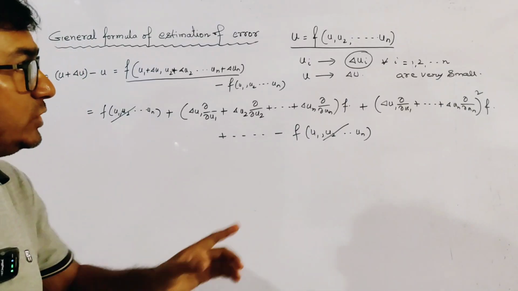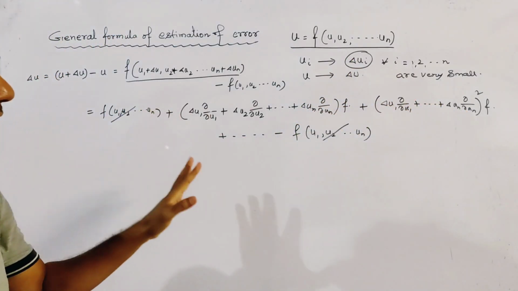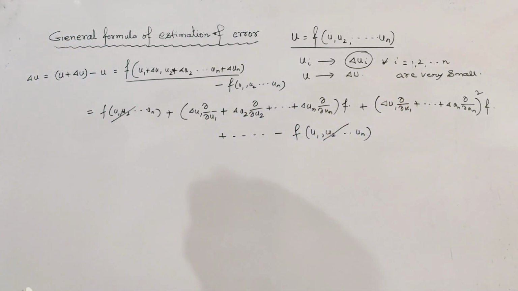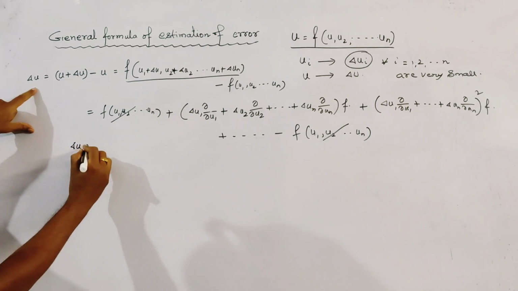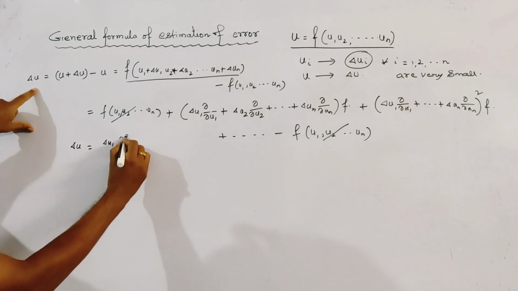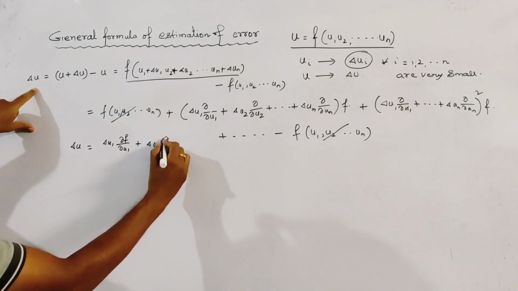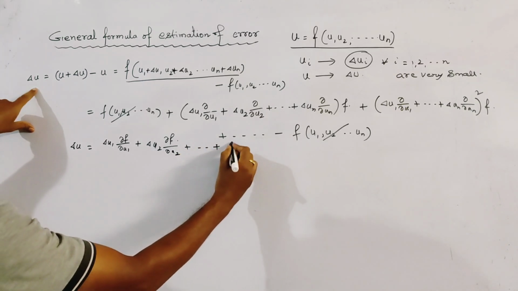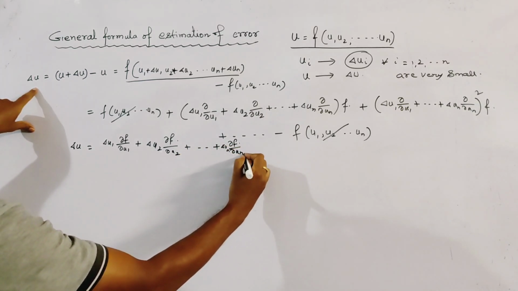Since each delta ui is very small, we can neglect the square and higher powers of this series, and we get the absolute error of u equal to delta u1 into del f by del u1 plus delta u2 into del f by del u2, and so on, plus delta un into del f by del un.